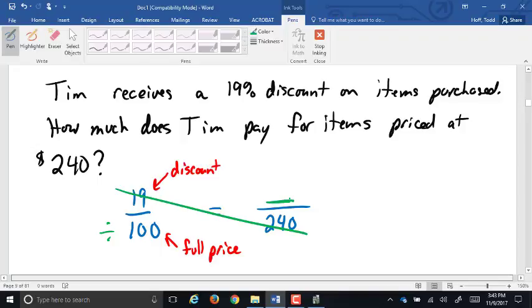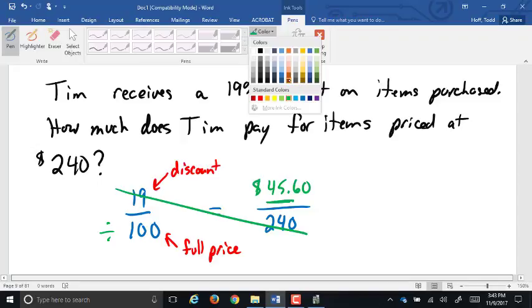Now again, is that what we're looking for? No, but if we knew the discount, can we use it to find what we're looking for? Yes, we can. So 19 times 240 divided by 100 is 45.60.